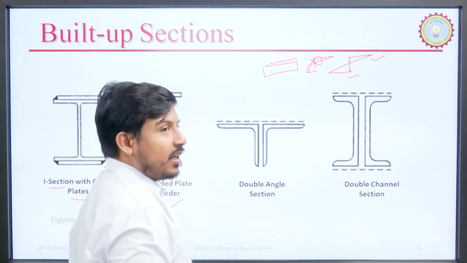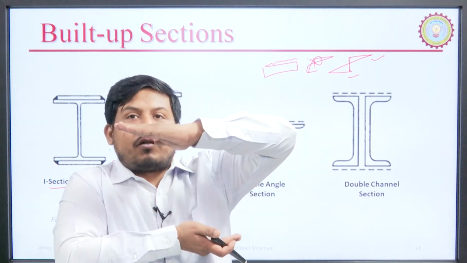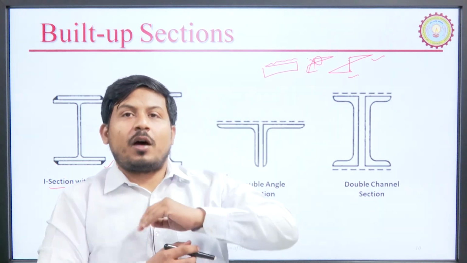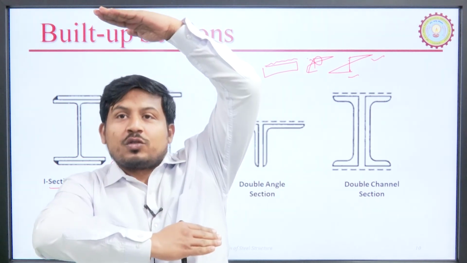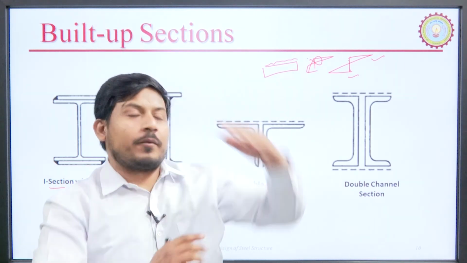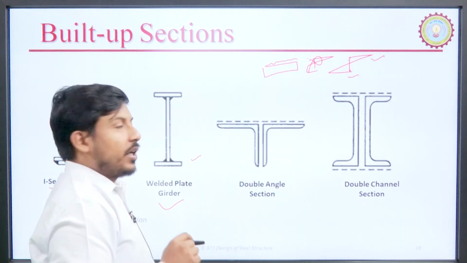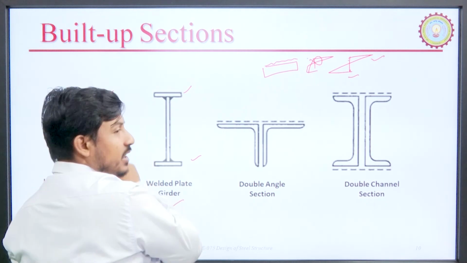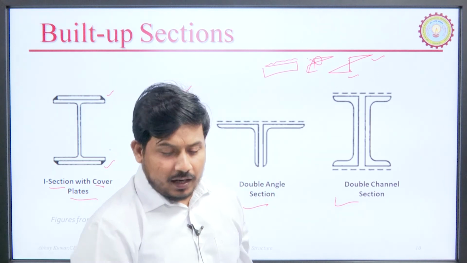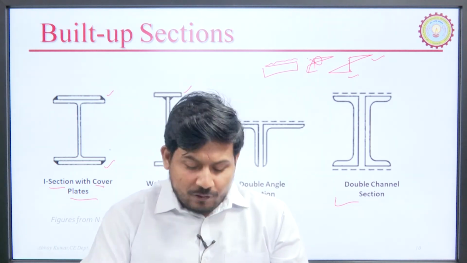Similarly, in a welded plate girder, for example, the depth of the I section available in the market is very less, and if we are constructing a beam which requires very high depth, how will we construct this specially required beam? We will construct it by connecting different plate sections like this. Similarly, double angle sections and double channel sections can be joined together in this manner to support heavy loading.